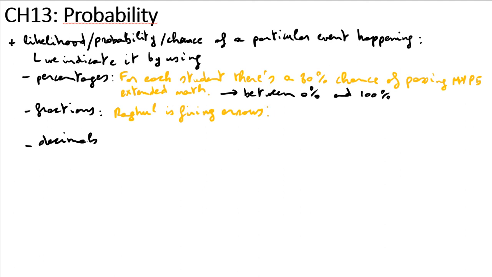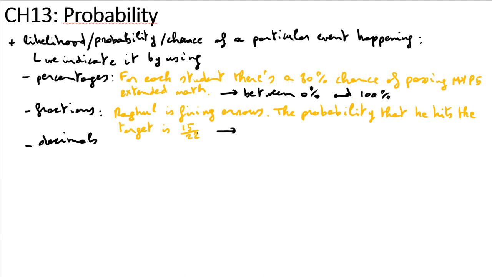So 15 over 22. Like you can see, we expressed the probability as a fraction, 15 out of 22.